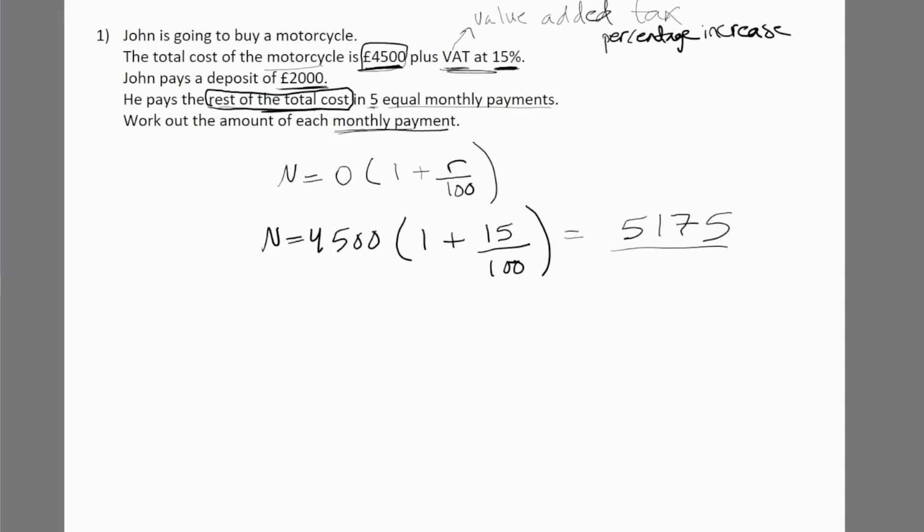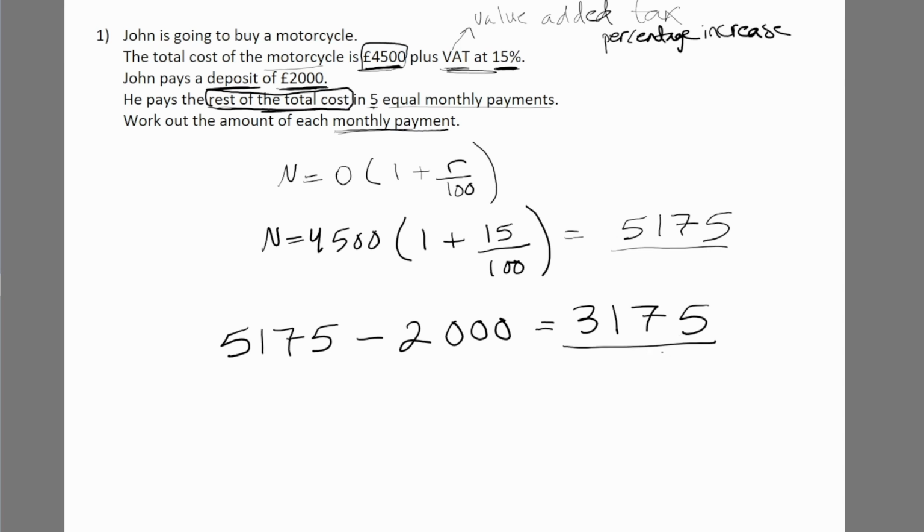Okay, so this is the total cost plus the tax. Okay, so we know that John pays a deposit of £2,000. So 5,175 minus 2,000 will give you 3,175. So this is actually the rest of the cost. This is the money that he did not pay yet.